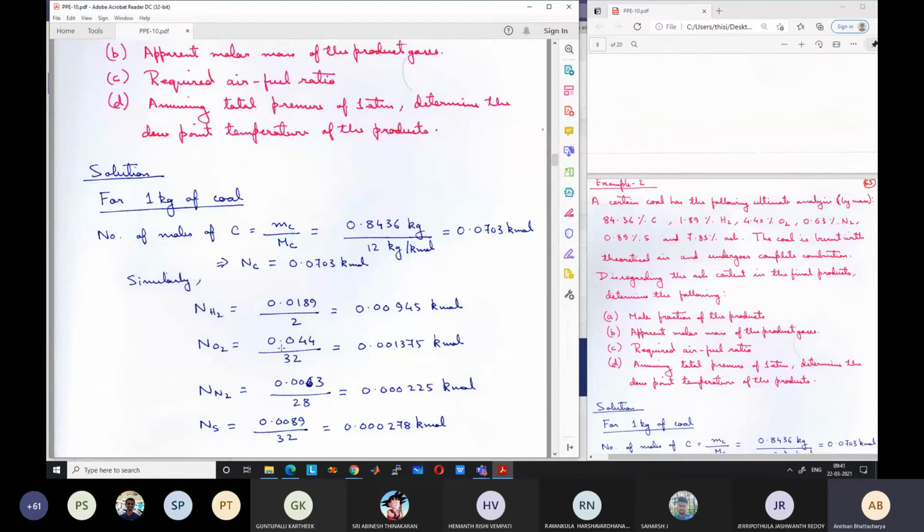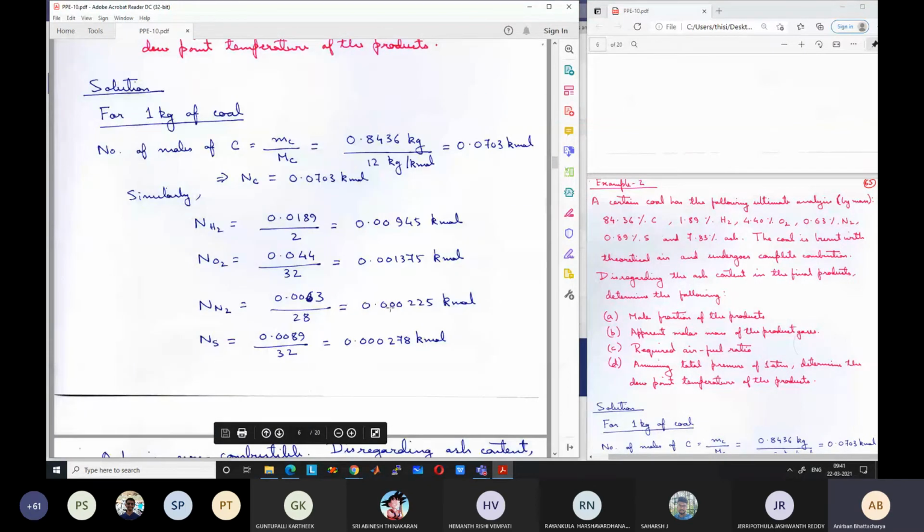Similarly, you can do the other calculations. Oxygen is 0.044 kg, divided by 32 gives us 0.001375 kilomole of oxygen. Nitrogen was present as 0.0063 kg, divided by 28 gives us 0.000225 kilomoles of nitrogen.